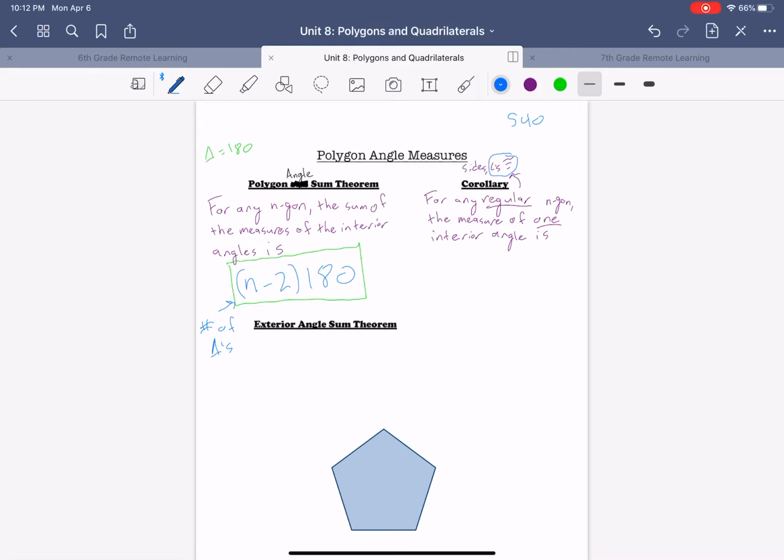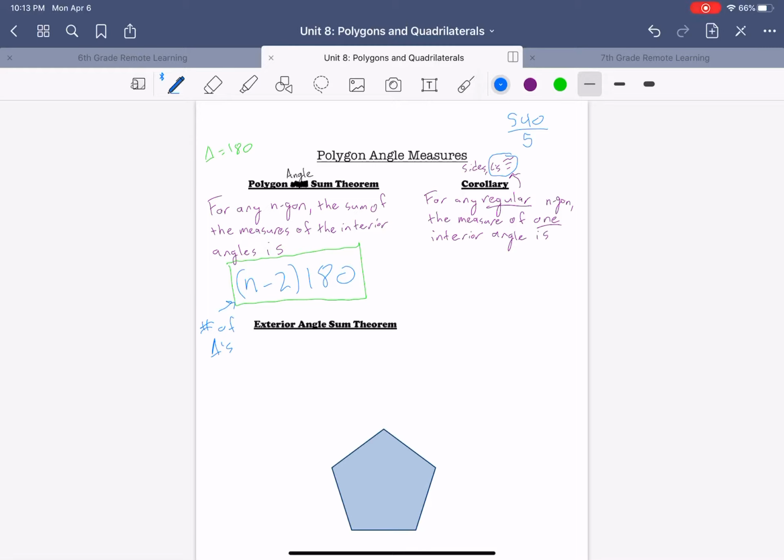If I wanted to find the measure of 1, how would I do that? Well, if the angles add to 540 and all the angles are the same, I'm just going to divide by the number of angles, right? 540, all of them together, divided by 5 gives you the measure for 1.